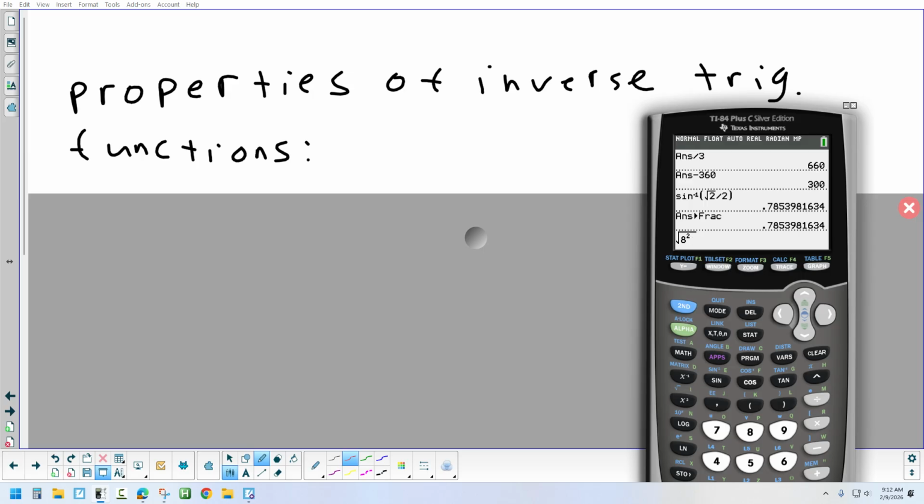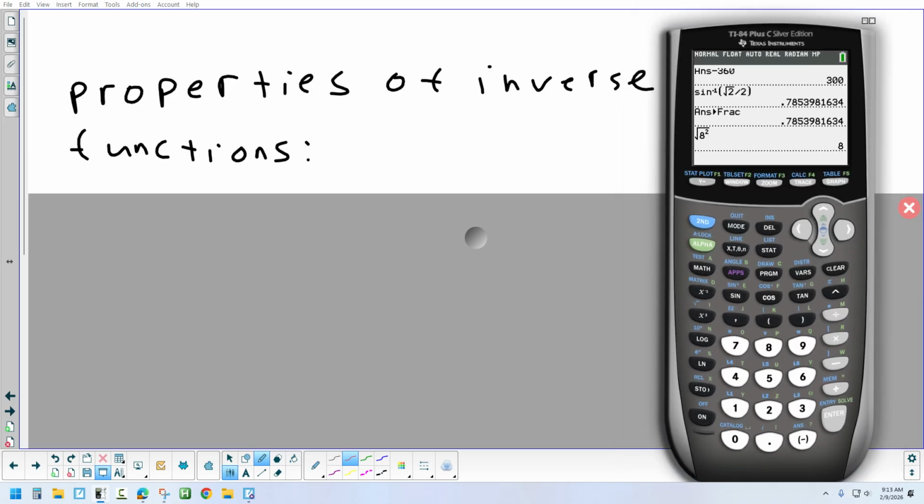That's like adding 2 and subtracting 2. It's going to cancel out. So what would happen if I took the sine of the inverse sine of a number? What do you think would happen? Specifically to the sine and the inverse sine. Yep. They would cancel each other out.